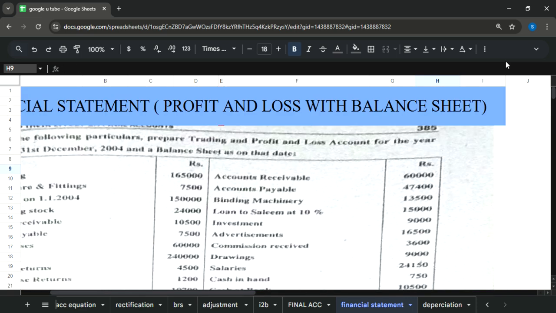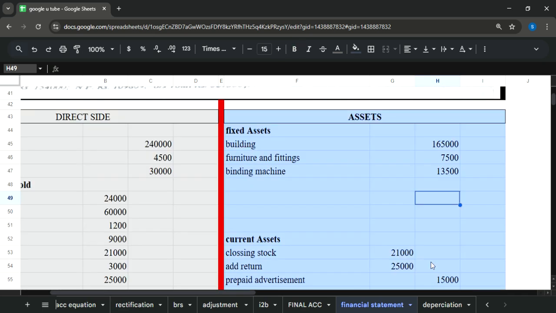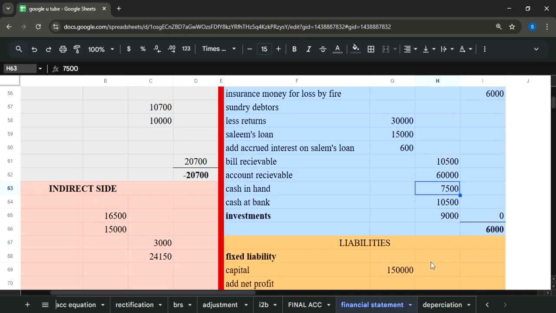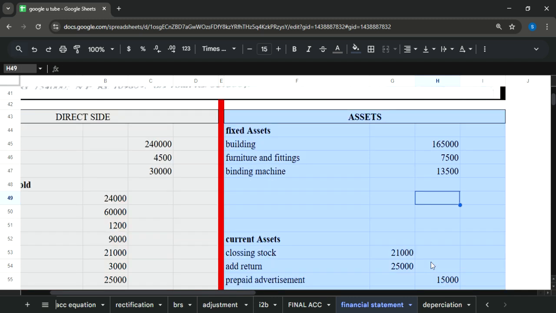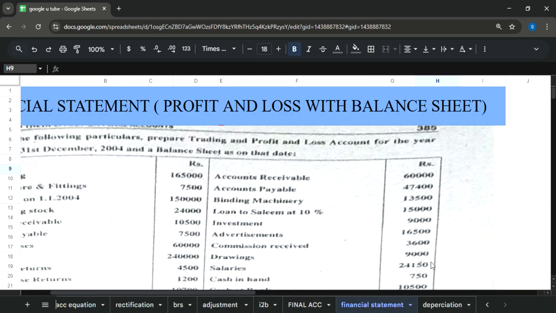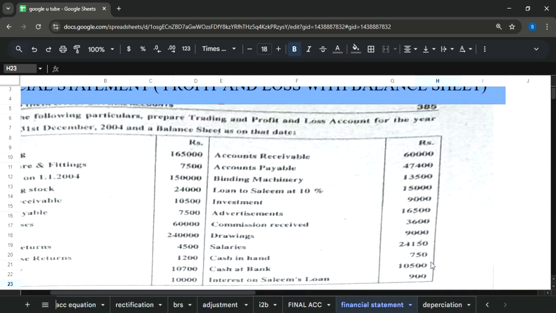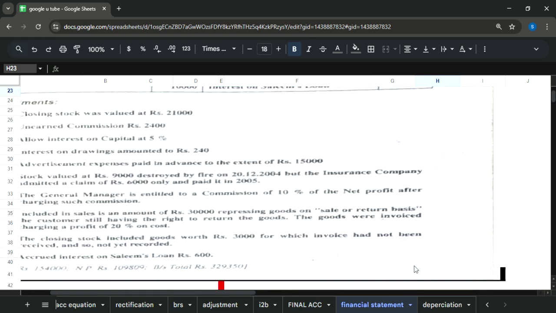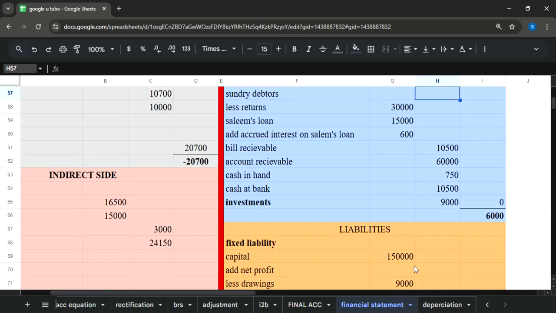That's a very sensitive matter. 10 more or less would be a bigger problem when we solve the question. Okay, once again we are looking at it. Cash in hand 750 and cash at bank 10,500. Let's confirm 750 and 10,500.